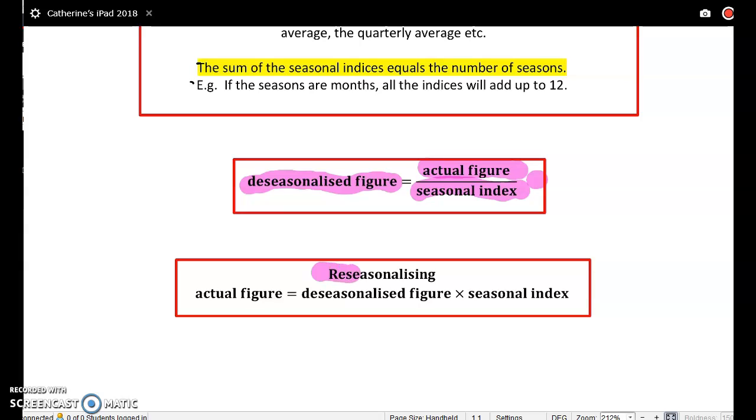Once we make our predictions, that's with deseasonalised data, we've got to put the seasonality back into it. And so we take our deseasonalised figure and multiply it by our seasonal index to get our actual figure. Now I'll do a few examples from this and hopefully it'll make sense to you.